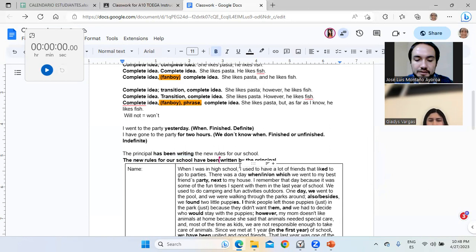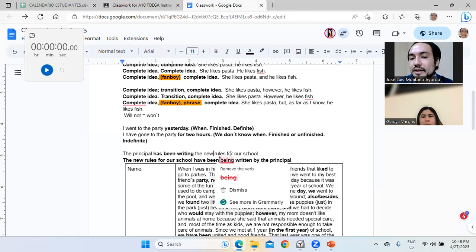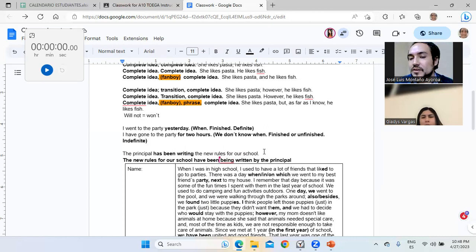So if here you're going to have, all right, so the new rules for our school have been written by the principal. And again, we don't need to know that one. Here they are going to correct that because it's not common and it's not something that we use a lot. But that is going to be the passive voice if we want to have the exact idea as this one.